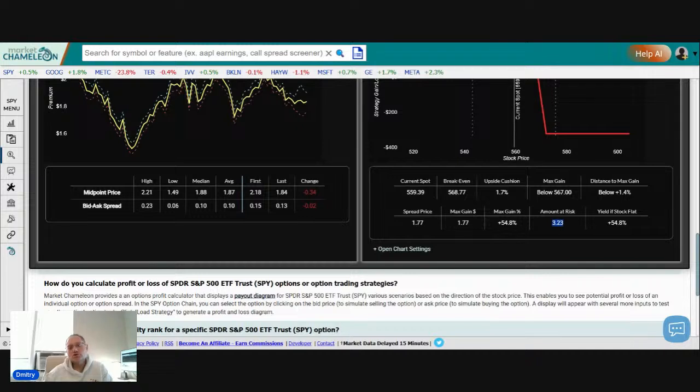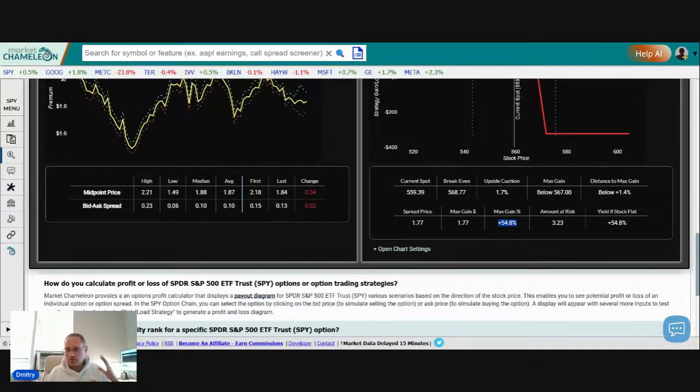We lost $3.23. So if we risk $3.23 and our potential gain is $1.77, that means based on what we have at risk, we have a potential to make a 54.8% return. Okay. So that's your potential return for what you're risking on this strategy.